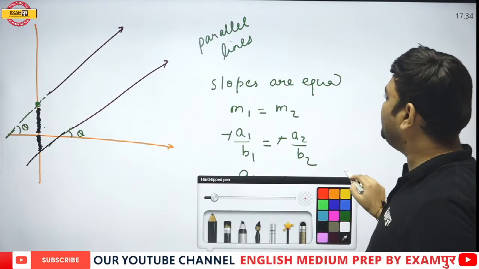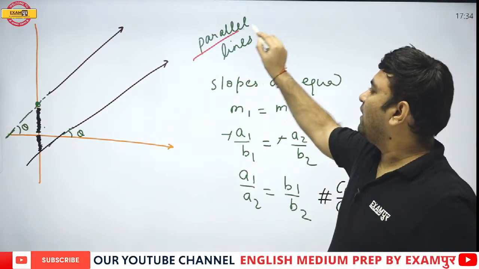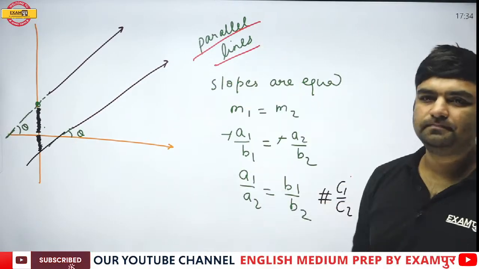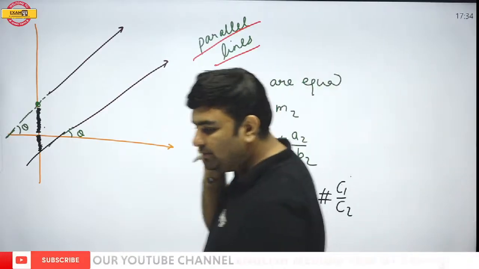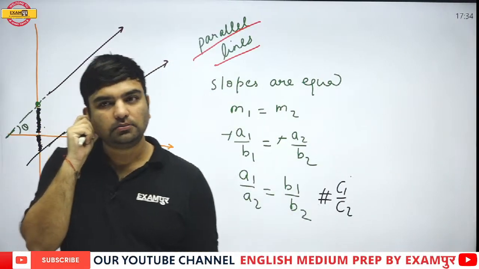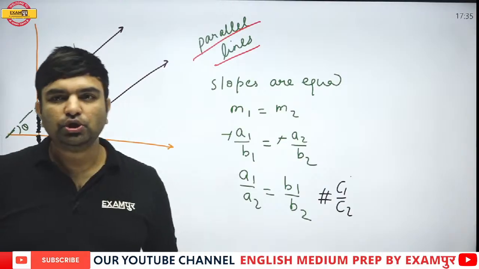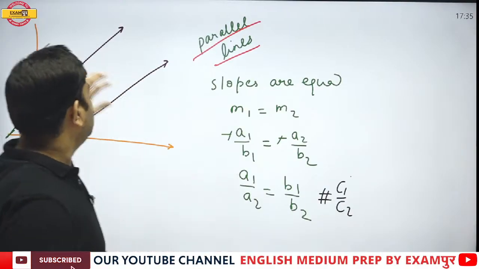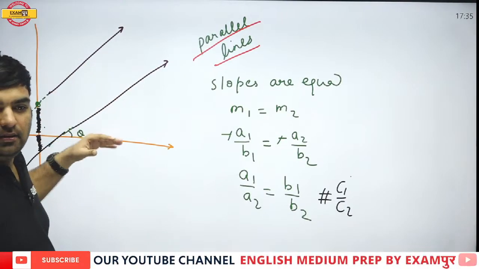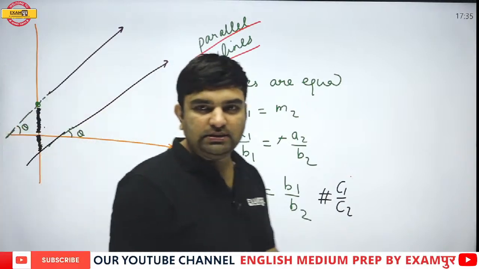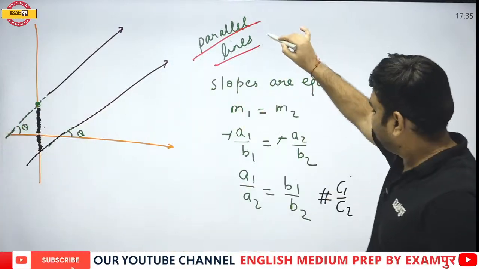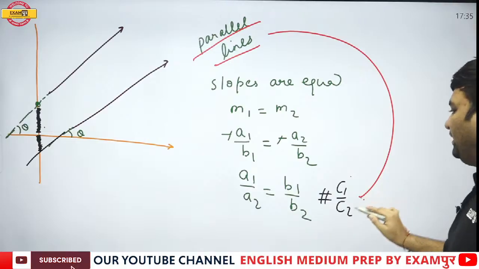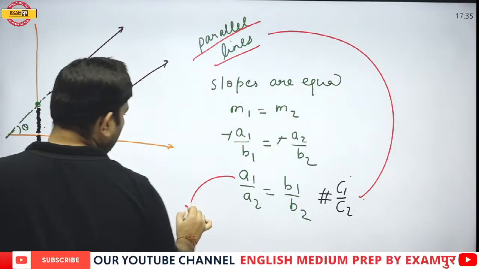Parallel lines means what? No solution, because they are not intersecting at any point. So this condition is the condition for no solution.